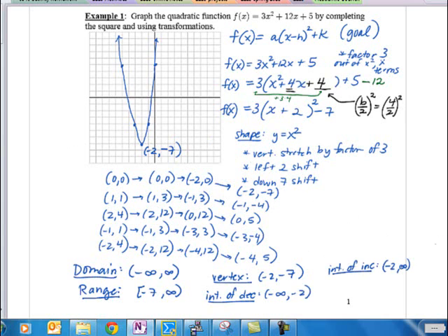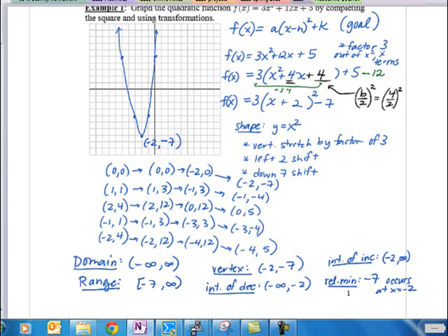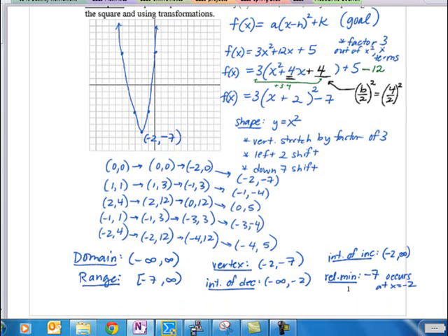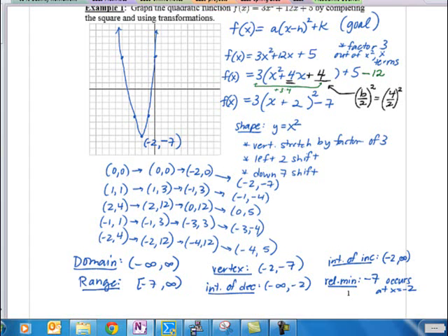And we have a relative min of -7. It occurs at x equals -2. We could also talk about the x and y intercepts for this function. We'll talk about that more when we get to the next page here.